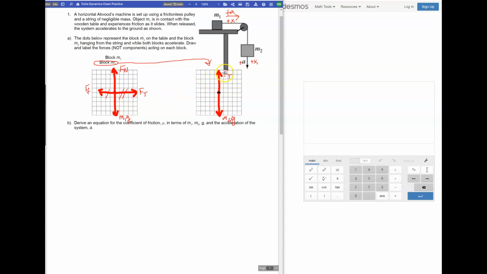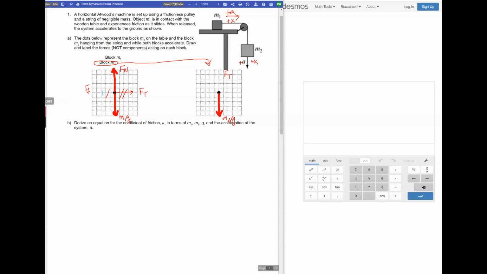The other thing that we need to do is go back and make this force of tension a little bit shorter. So we're going to make them both a little bit shorter, and the reason is that it is moving and accelerating to the right. I'm going to make this one go here, and this one I probably need to make a little bit shorter. Oops, I didn't grab the right thing.